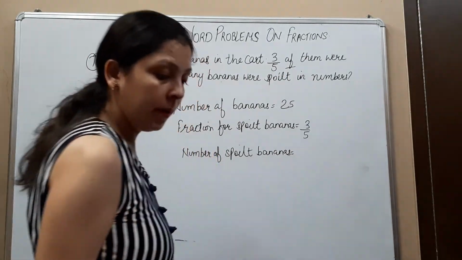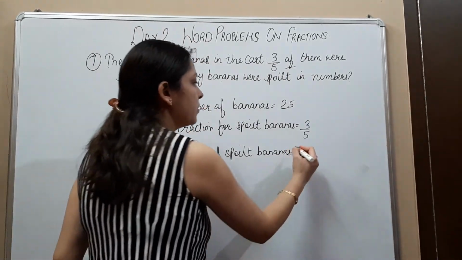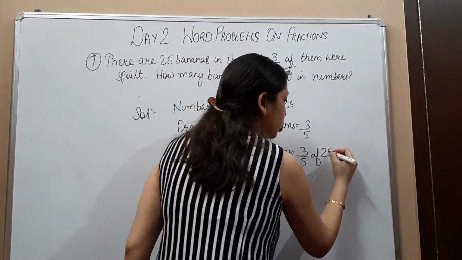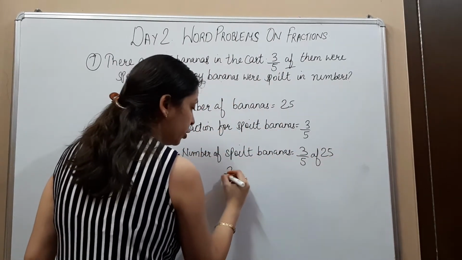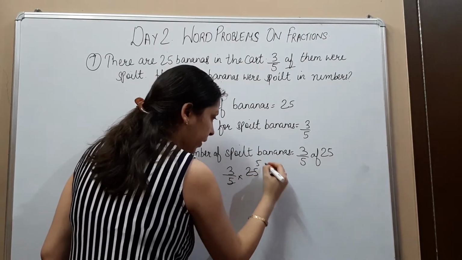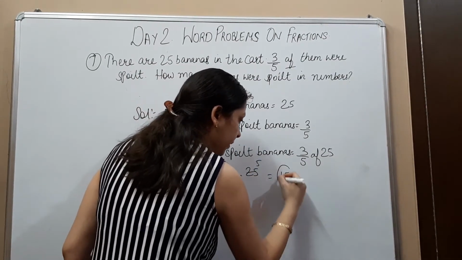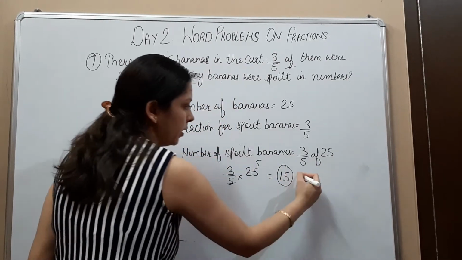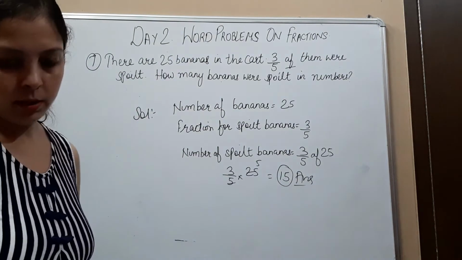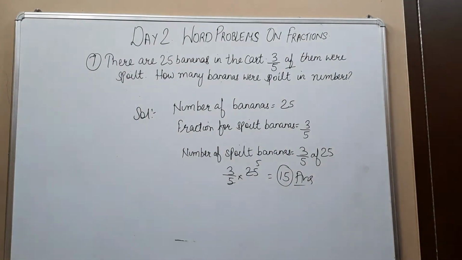Of them means 3 by 5 of 25. So we will find in this way, 3 by 5 of 25. Of means multiply. We can simplify it. So total number of bananas spoiled is 15. 15 bananas were spoiled. I hope you get it.